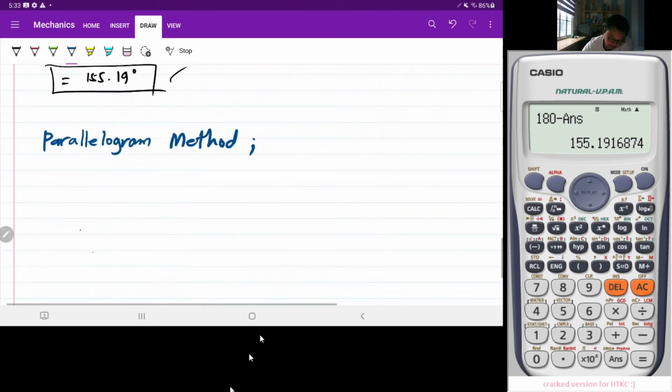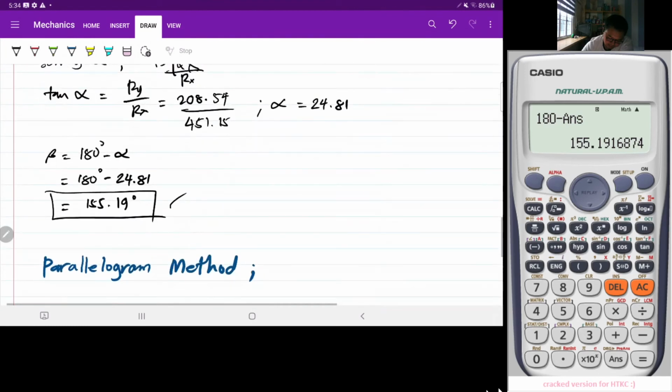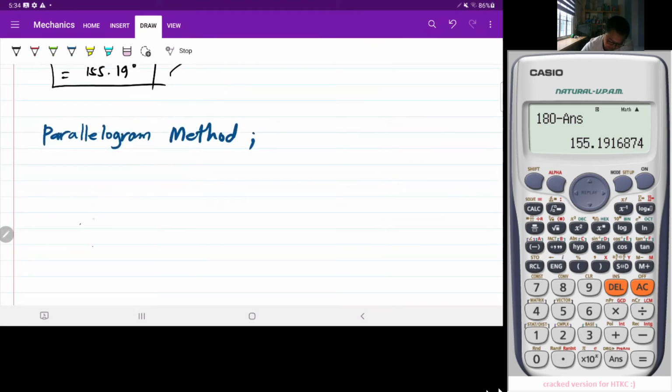Okay? So what is the parallelogram method? So we will just draw a parallelogram, no, or a triangle. Okay? So okay, we will just draw the parallelogram. If this is my F, okay, so this is 450. So this is my horizontal plane, 60 degrees. And this is my 700.